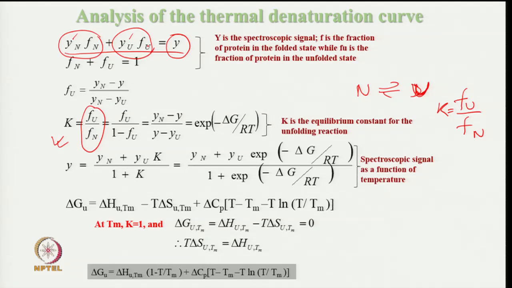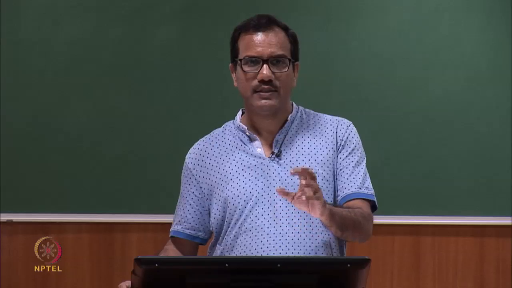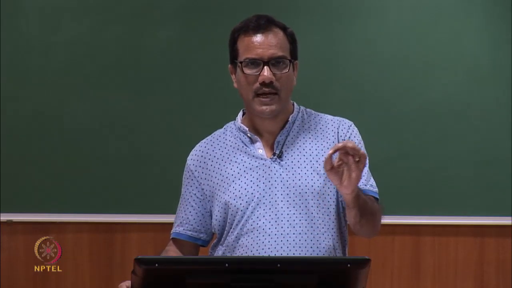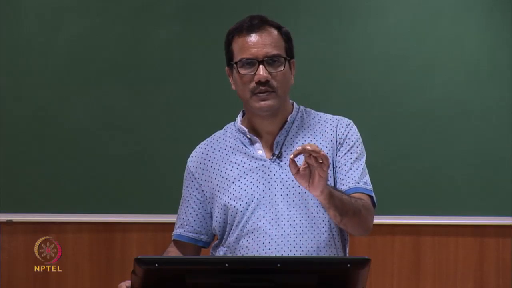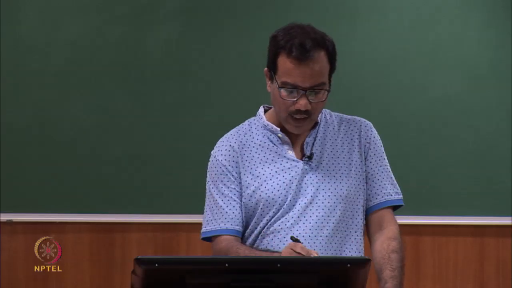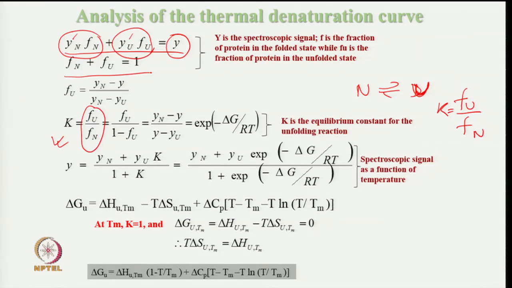So, the overall intensity is due to intensity from the native form and intensity from the unfolded form. The second equation is quite obvious: the fraction of native form plus the fraction of unfolded form is equal to 1. Now, using these two, I can calculate the fraction of unfolded form.